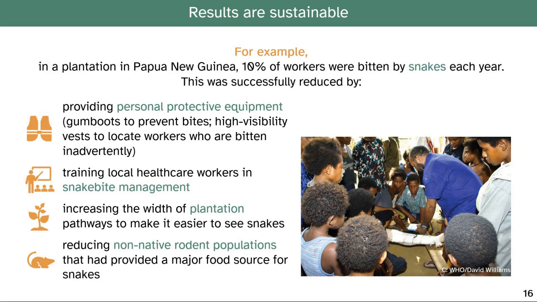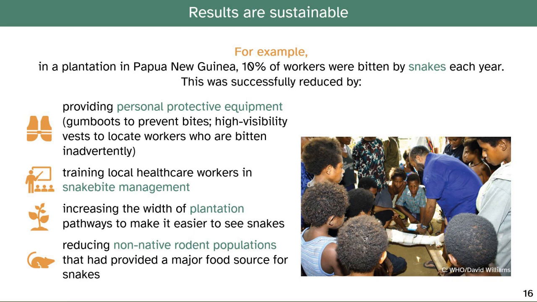This was successfully reduced by an integrated intervention. First, workers were provided personal protective equipment, such as gumboots to prevent bites and high visibility vests to easily locate them if they were bitten. Then, local healthcare workers were trained in snakebite management to increase the delivery of fast and efficient life-saving treatment after a bite.